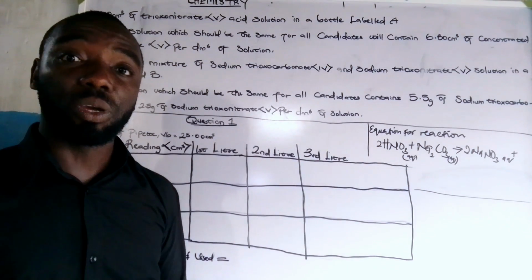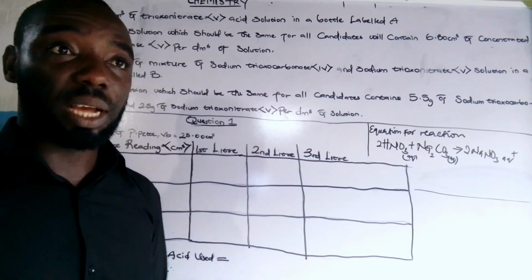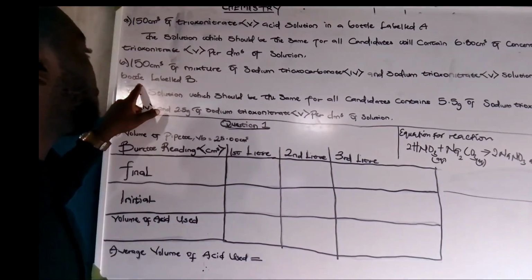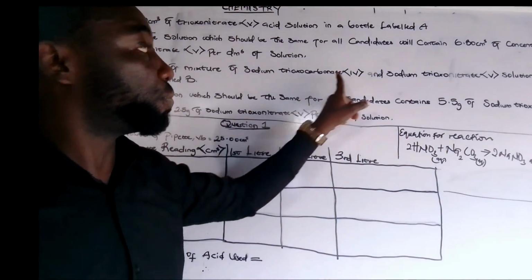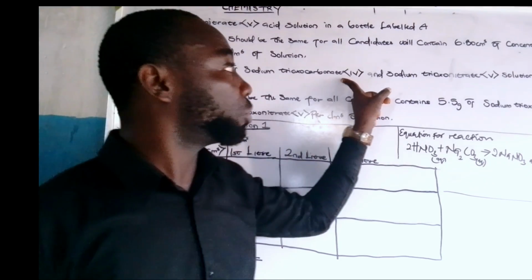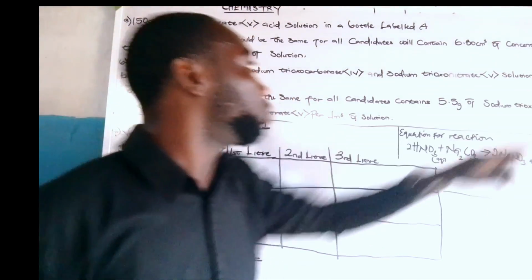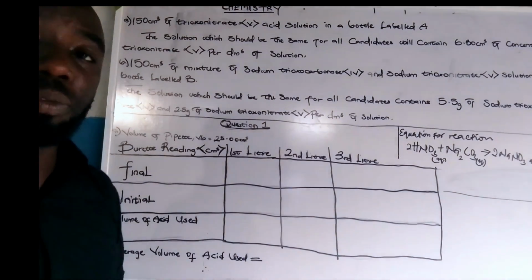In this video, I will give you guidelines on how you can produce the solution in the bottle labeled B, which means the sodium trioxocarbonate(IV) should be dissolved with the sodium trioxonitrate(V) in 1 dm cube.